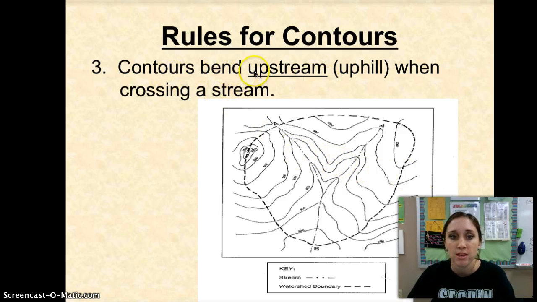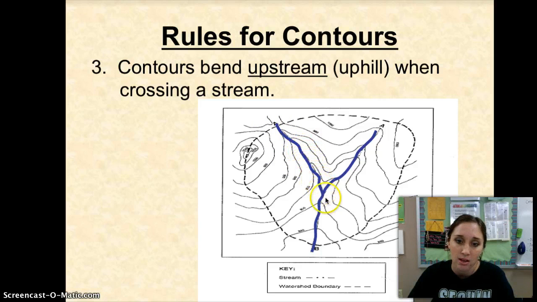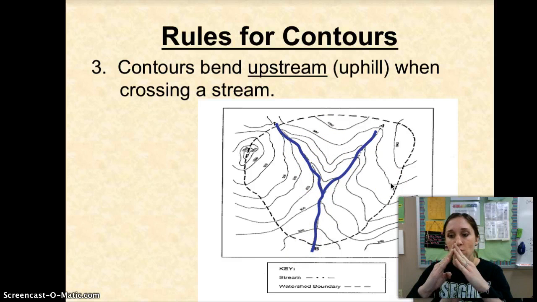Contours bend upstream. Upstream means where the water is coming from, or uphill, when crossing a stream. So if you look here, I have a V coming here, so that means the direction of the river is coming down. Wherever the V is, that is the point where the river is starting from, and it is flowing down.